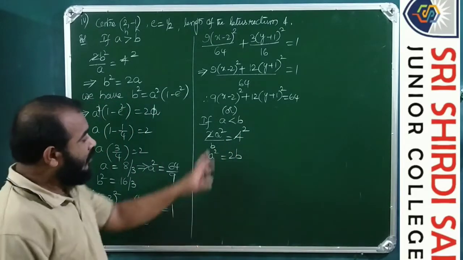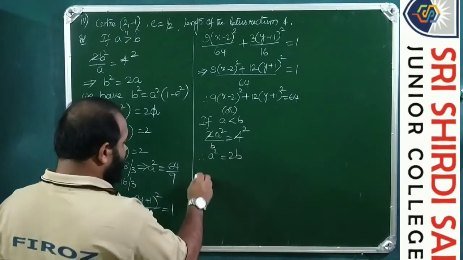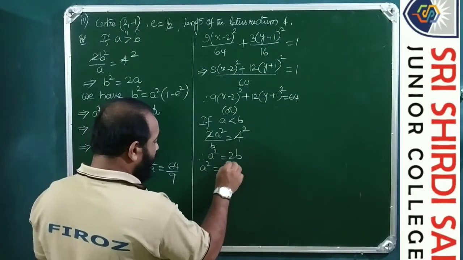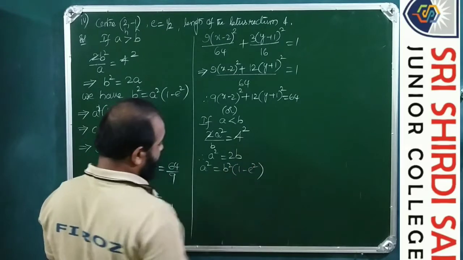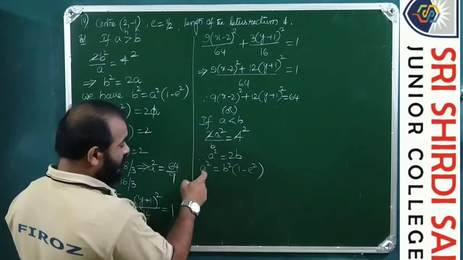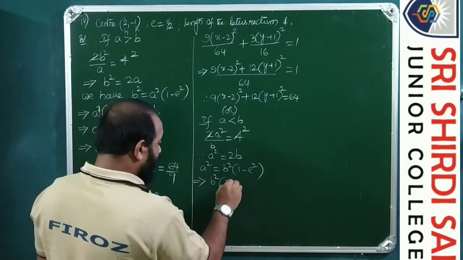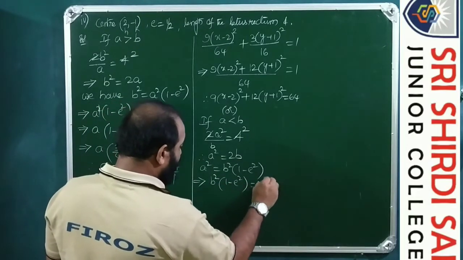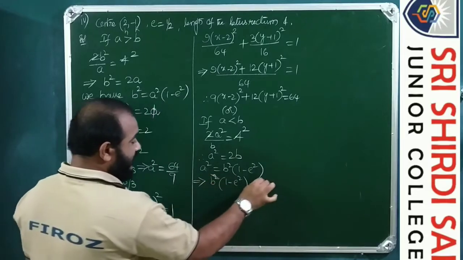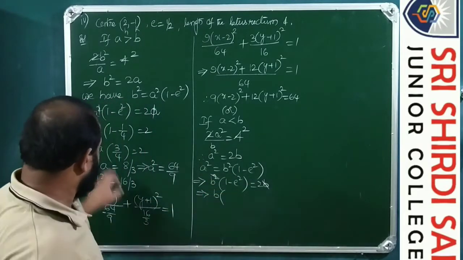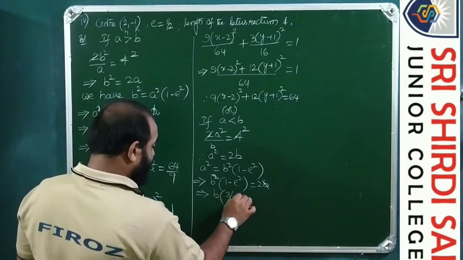So the condition is A square is equal to B square into 1 minus E square. So A square can be replaced by B square into 1 minus E square, which is equal to 2B. So this and this get cancelled. So B into 3 by 4 is equal to 2.